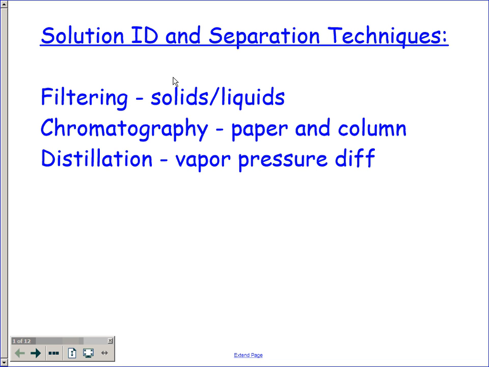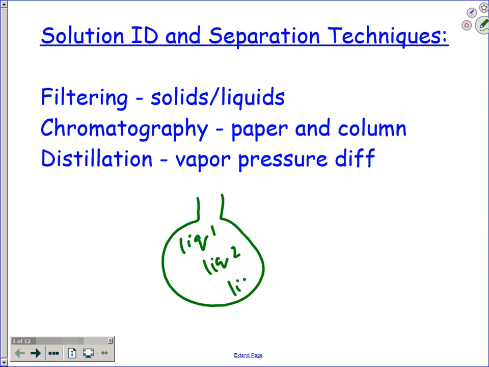So if you have a liquid combo, this was supposed to be a round bottom flask. I drew one of these the first day in organic. It was good stuff. Liquid 1, liquid 2, and liquid 3. If they all have different boiling points, and I start to heat this with a Bunsen burner, which one's going to boil off first? The one with the lowest boiling point.